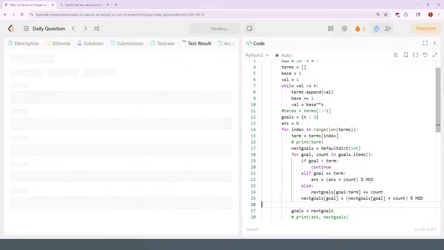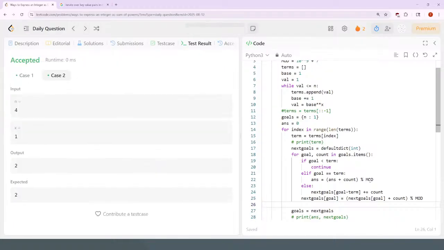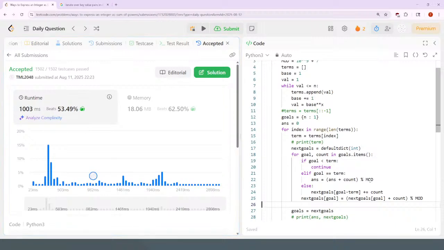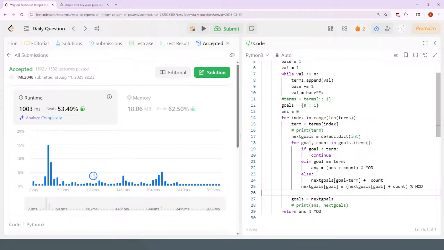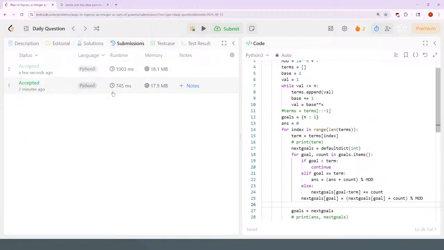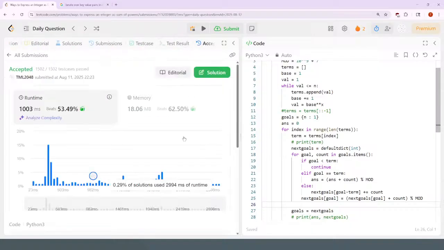I think this works. It might lower the number of goals each time. Oh, okay. That's pretty much the same speed. Worse speed. Like considerably worse speed. Okay.